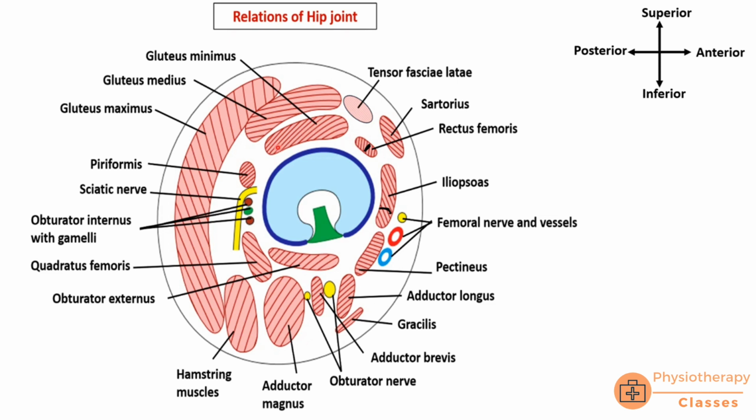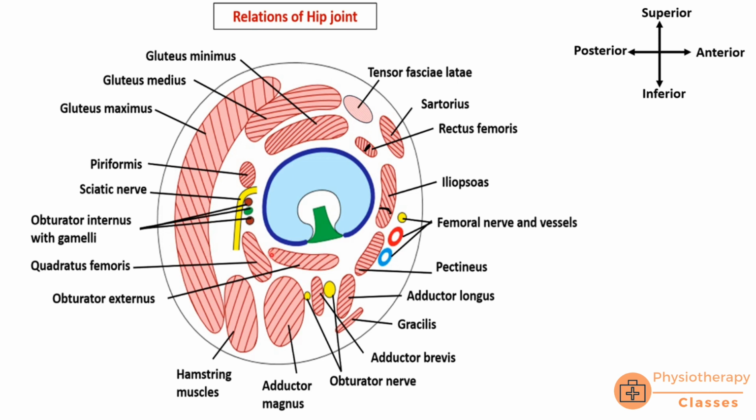Then we have here this muscle, that is gluteus minimus and gluteus medius. So these muscles will be present on the superior aspect. Coming to the posterior aspect, let us see here. On the posterior aspect, we will have part of the quadratus femoris and part of obturator externus.